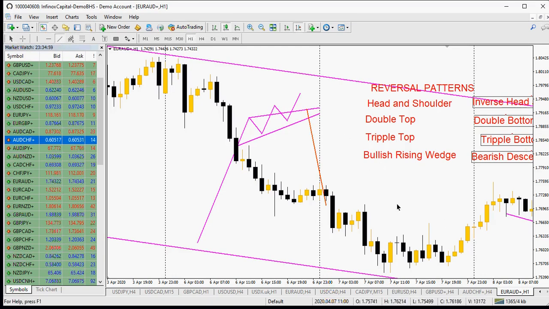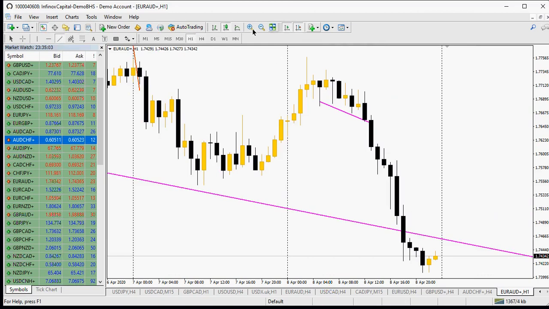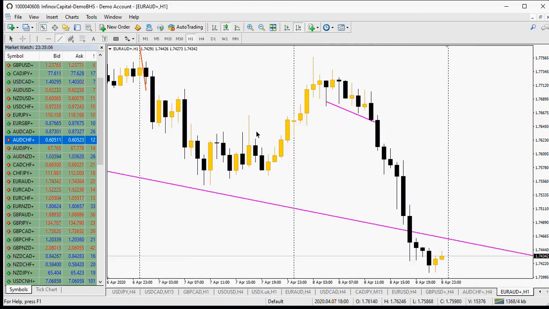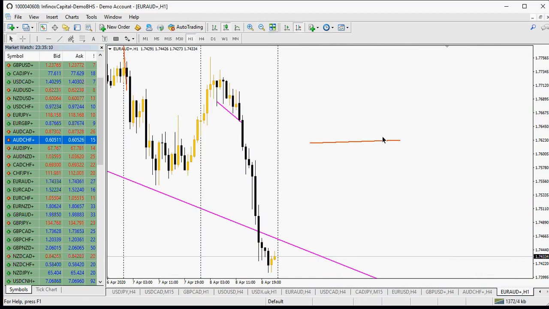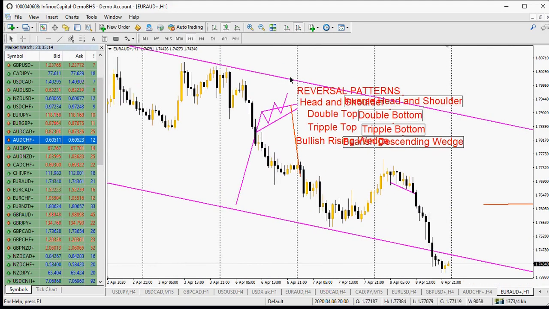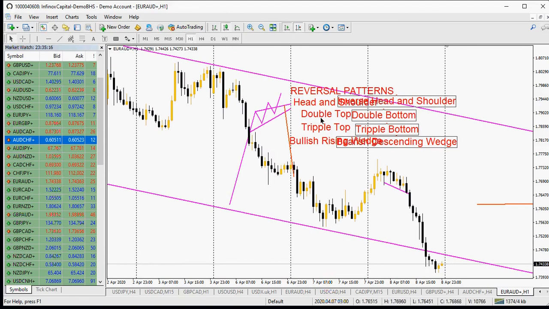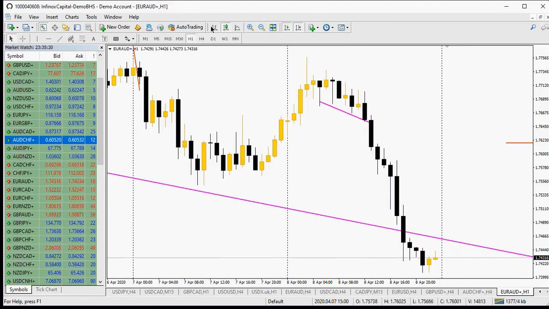Whereas the opposite is a bearish rising wedge. Let me just draw it somewhere you can see it.